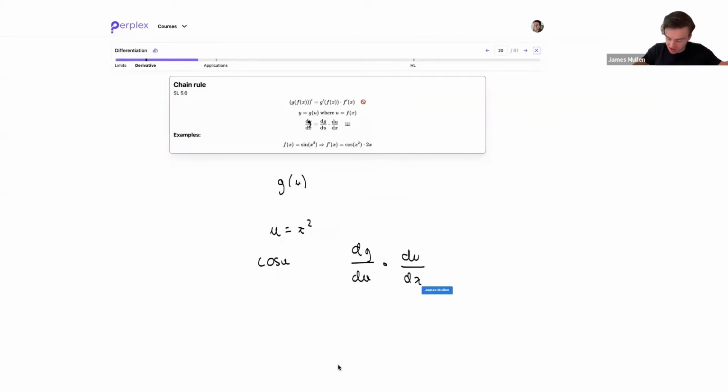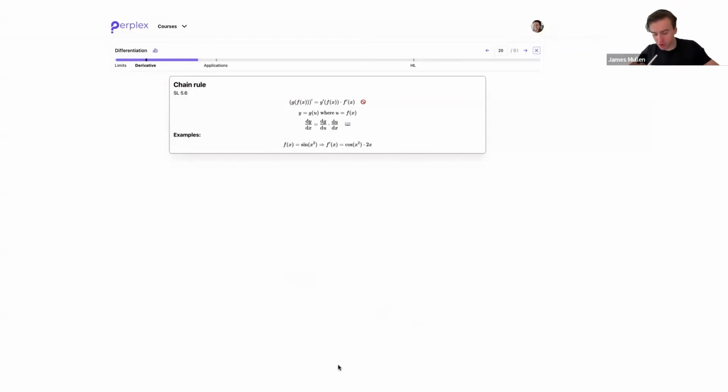Well, dg by du is going to be cos of u, and then I'm going to multiply that by du by dx, which is 2x, and I just plug back in u equals x squared, and that's how you could use that formula, even though it's a little bit less clear, I think.